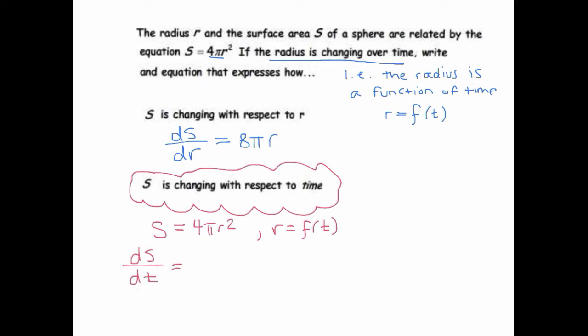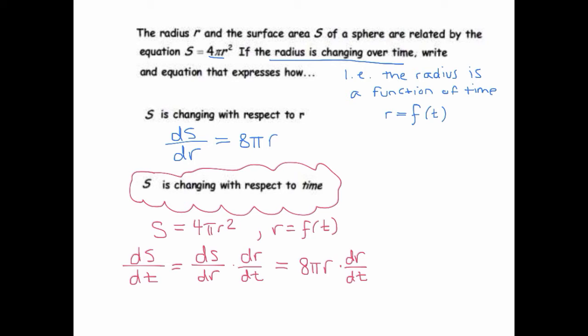And according to the chain rule, that's going to be ds dr times dr dt, which is equal to ds dr, which we know is 8 pi r, times dr dt. We don't have an actual function for it, so we just have to use the notation dr dt.